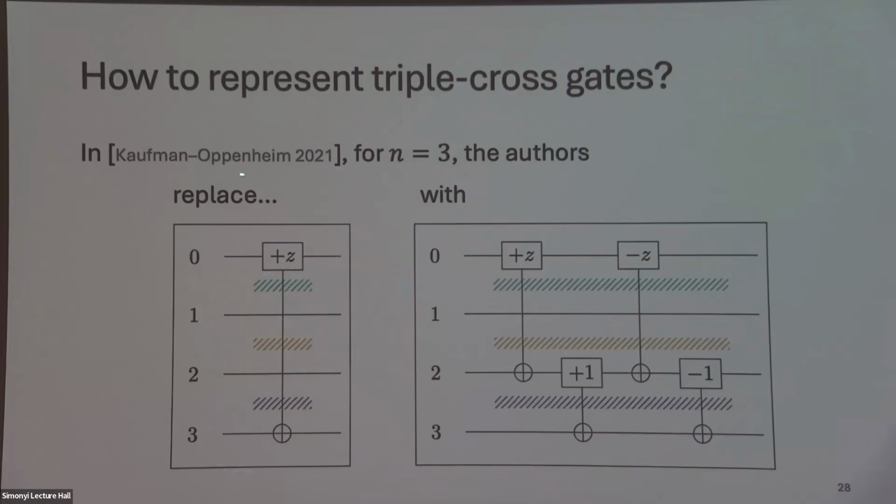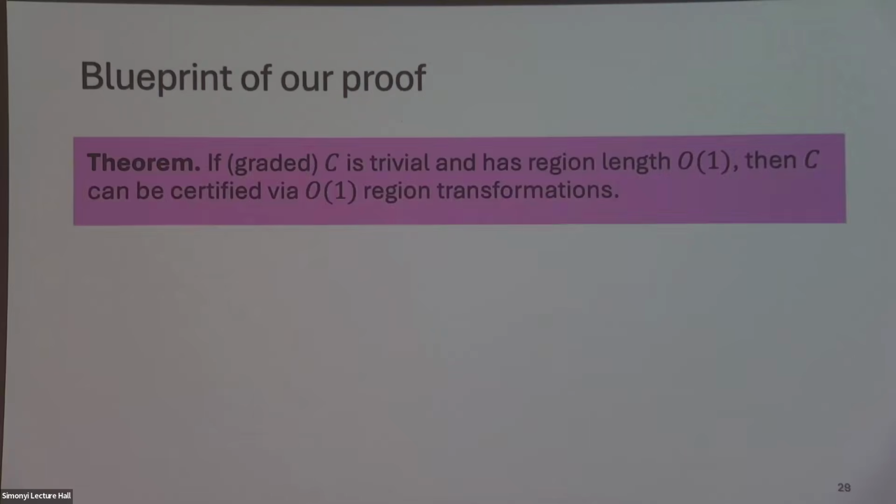But these gates do not exist in the model that we're actually looking at, in the sense that we're interested in certifying trivial circuits, but we already assumed at the very beginning that the circuits don't have any gates that cross all the barriers. So if such a gate arises, it doesn't exist within our model, and you have to make some alias for this gate and treat it as an equivalent subcircuit. A bunch of annoying things start happening when you try to actually carry out this strategy.